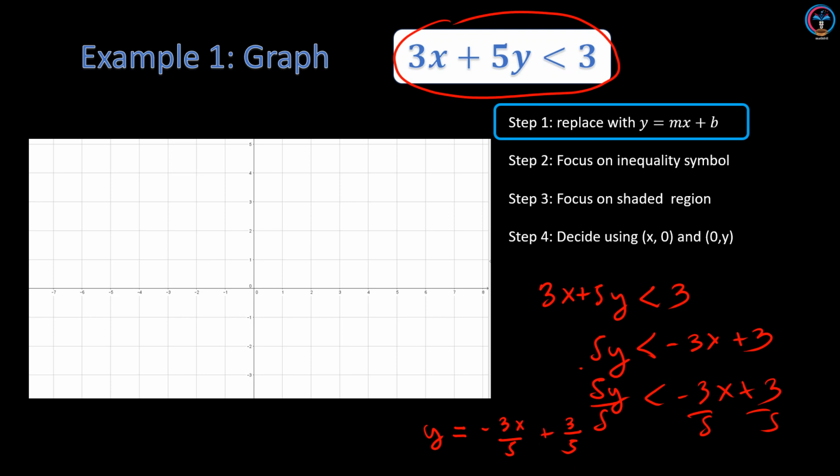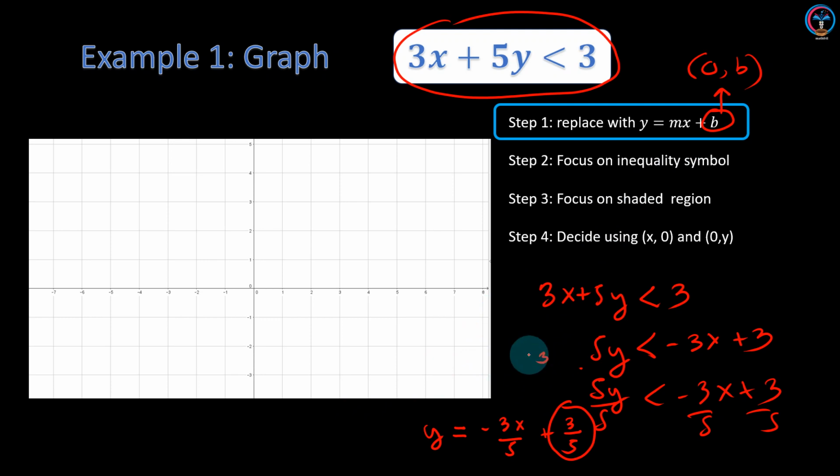To better understand this, you need to see the y-intercept. The letter b here is the y-intercept. It means our x is 0 and our y is the letter b. So 3 over 5 is our letter b.